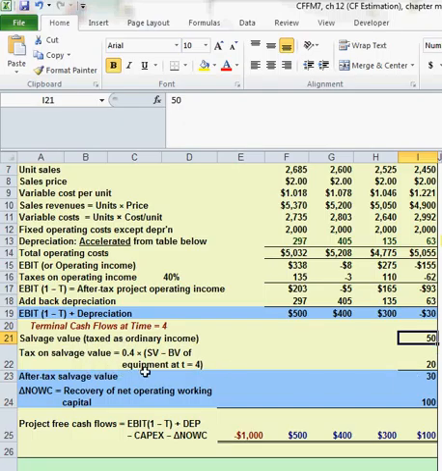You're taxed on those at 40%, so you're taxed on them at $20. So your after-tax cash flow on that is a positive 30. And then again, I'd already mentioned the 100 that you've got coming back in from recovery of the net operating capital. So you end up with a negative 30 in year 4, but then you add the positive 30 for the after-tax salvage value plus the 100, and you end up back at 100.